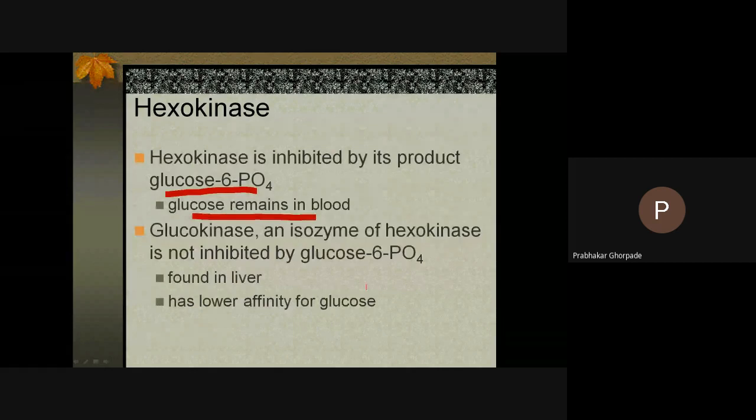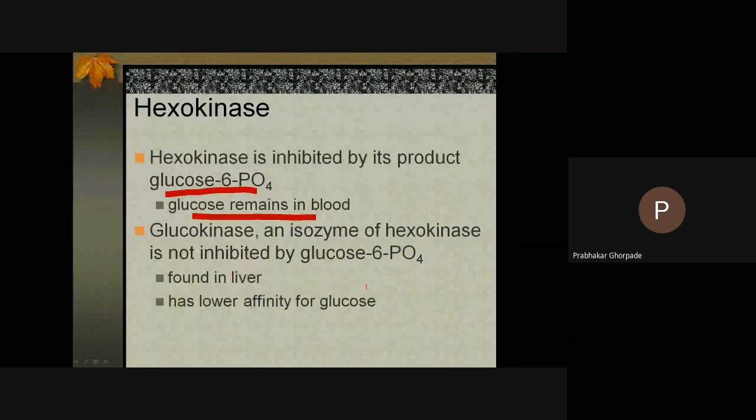Glucokinase is the isoenzyme of hexokinase, and it is not inhibited by glucose 6-phosphate. The liver continuously converts glucose to glucose 6-phosphate, and when glucose 6-phosphate accumulates, hexokinase gets inhibited.